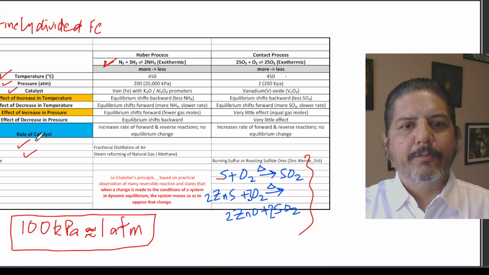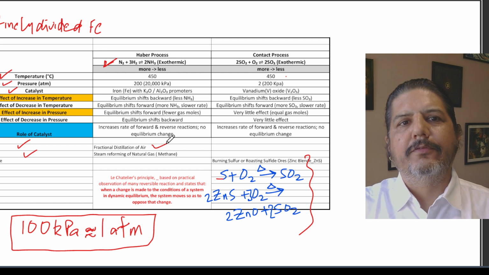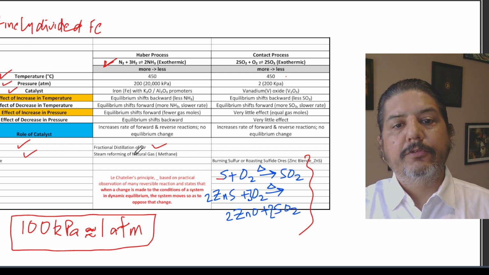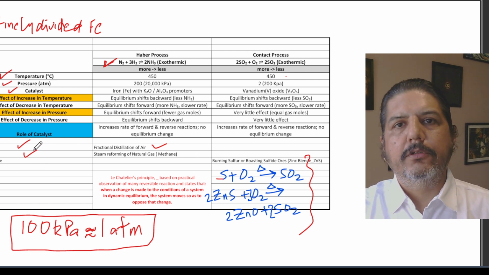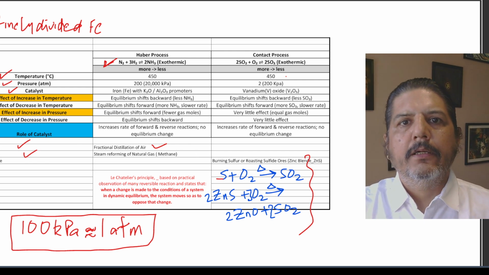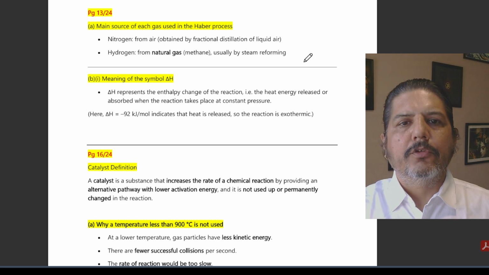So as is mentioned here, nitrogen mainly comes from the fractional distillation of air. This is the first thing. Hydrogen comes from steam reforming of natural gas, which is methane. So for nitrogen and hydrogen, the sources should be clear. For Haber process, this is a question which is asked again and again. So this is what I have mentioned.